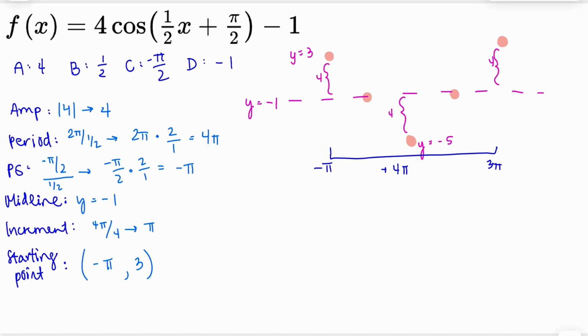Again, it's really convenient when your phase shift and increment are the same, because this is super easy to count up by. If this is pi, then this is 0, negative pi, then this is 0, then that's pi, then that's 2 pi, and this is 3 pi. And now we have enough information to plot our points.